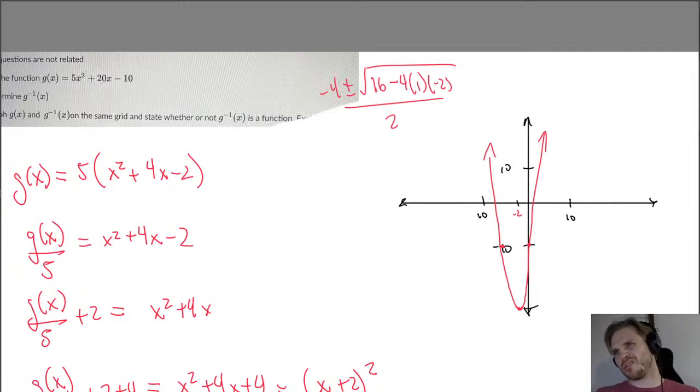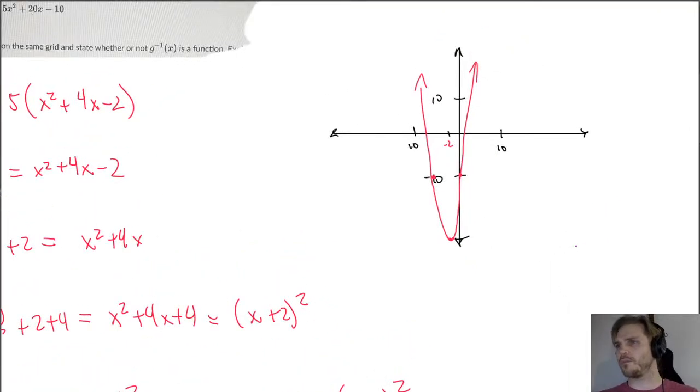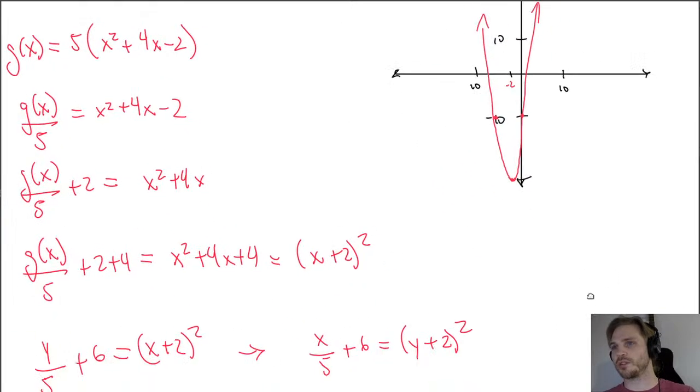And what is that going to be? 16 plus 8 is 24. 4 root 6. Yeah, this is a crazy number. I'm not even trying to. It's something like that. You figure out what the zeros are, or just graph it on Desmos. I'm going to graph it on Desmos at the end, but you guys know how to graph parabolas.